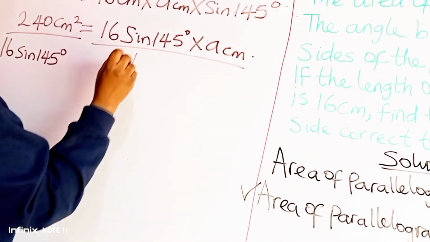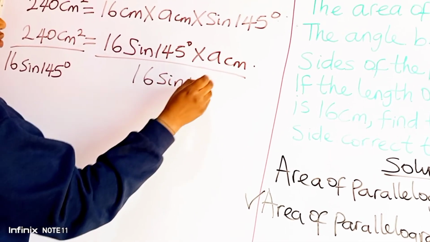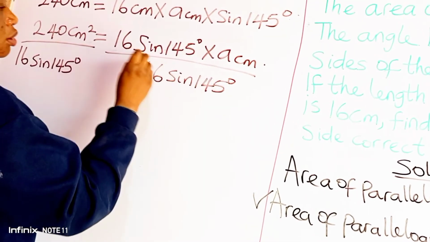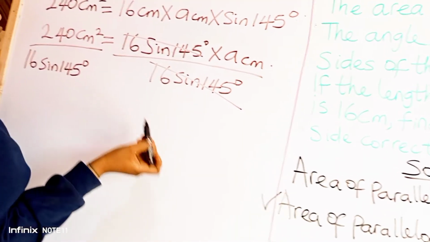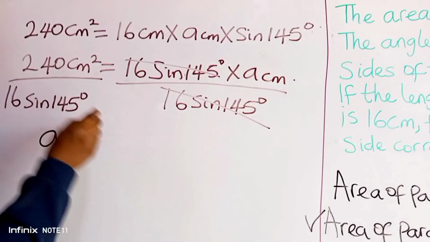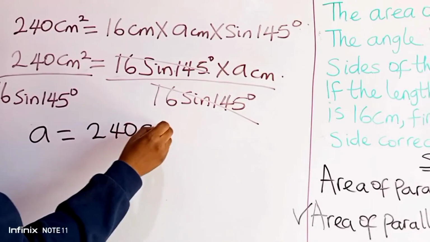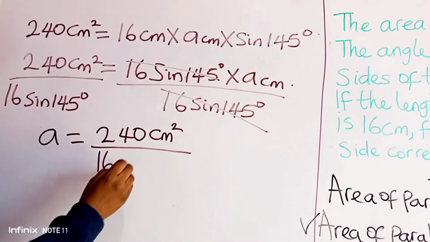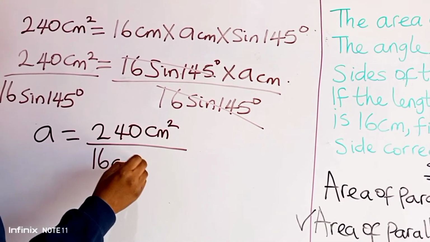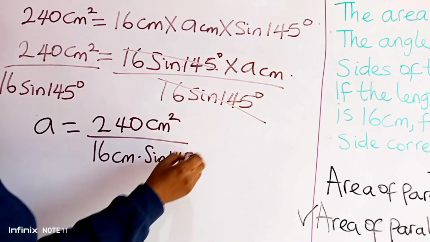So we cancel 16 sine 145 degrees. So A is equal to 240 centimeters squared divided by 16 centimeters multiplied by sine 145 degrees.